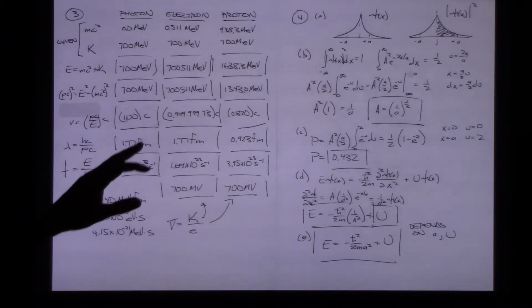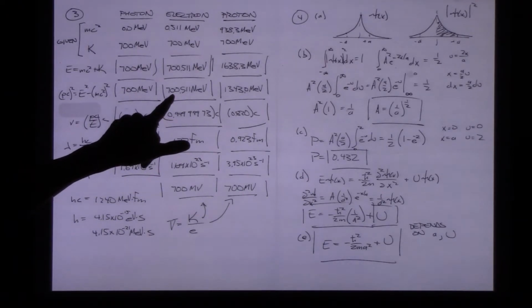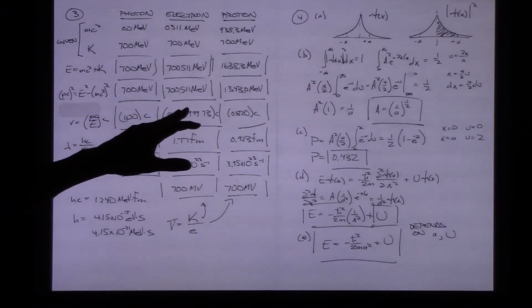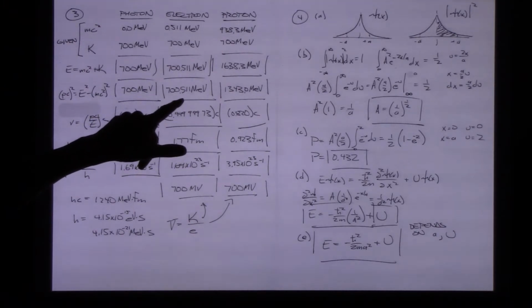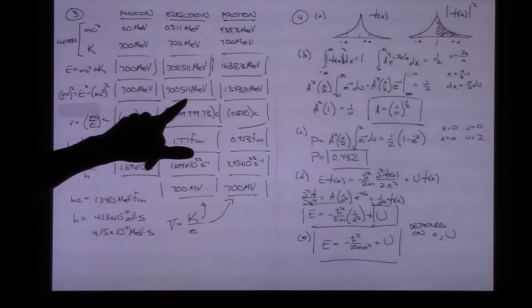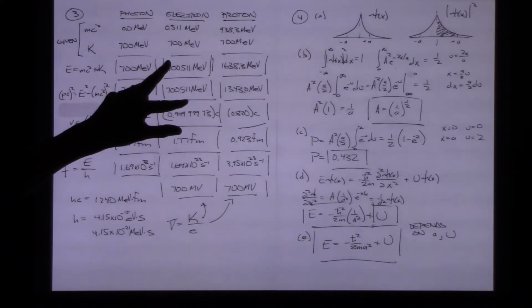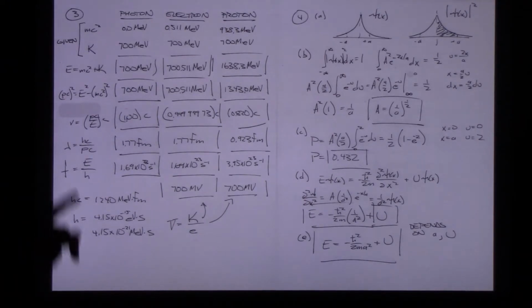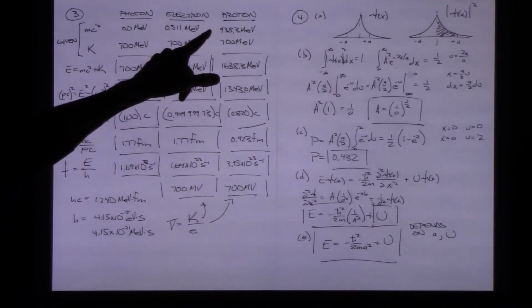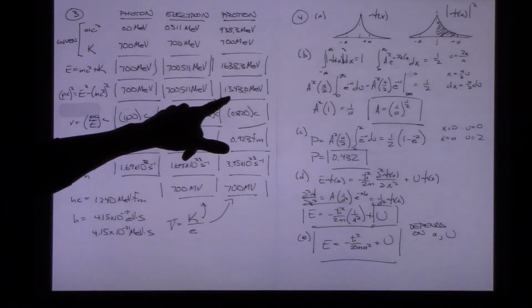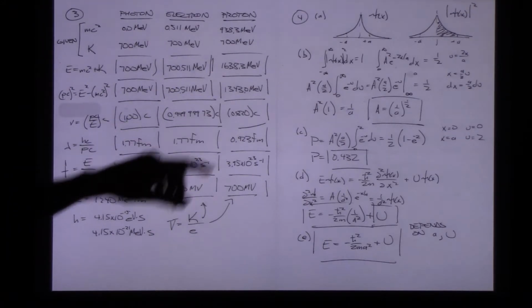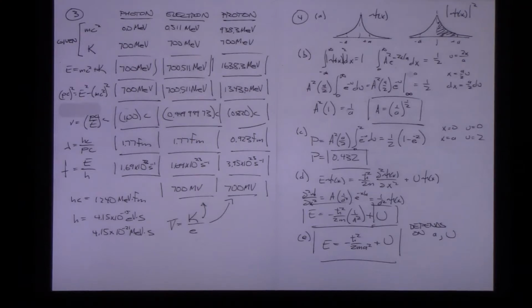Now, when I calculated that, I found that the mass of the electron was so small compared with the kinetic energy that was given, that the momentum worked out to be basically the same thing, 700.511. Now, I did keep additional significant figures on my calculator that are going to be important on the next line. So I'm going to come back to that. But the proton, fortunately, the momentum here is lower than the energy significantly, and that's going to help out as we move on and do more calculations.